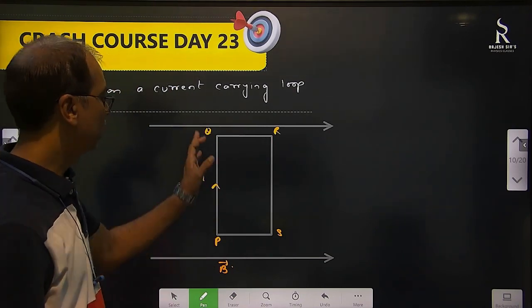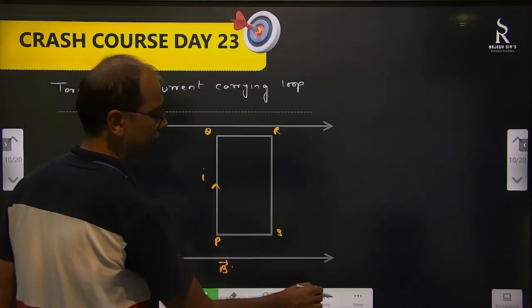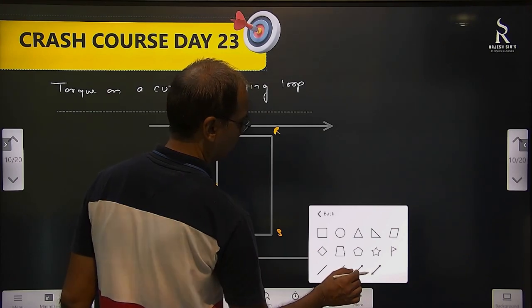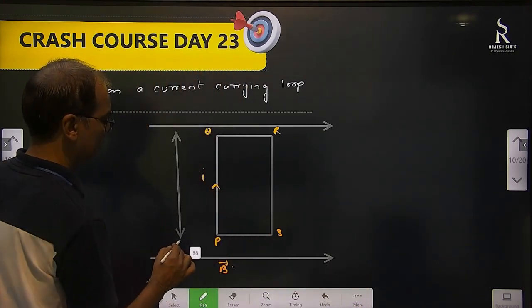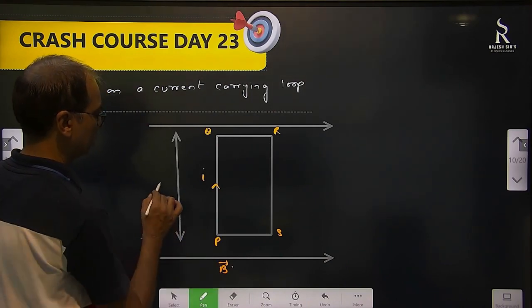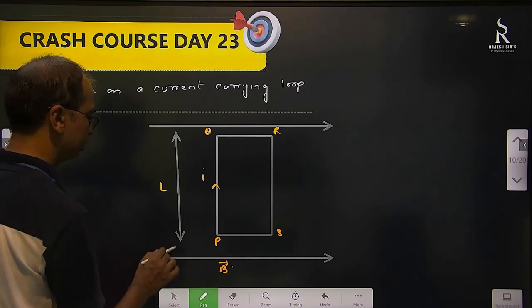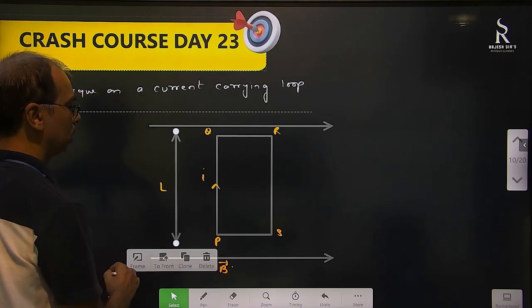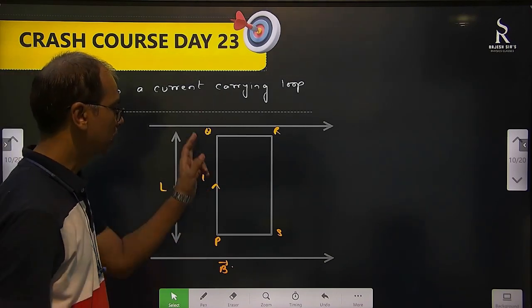So when the current is like this in a magnetic field which is this way, and the length of this loop, suppose this is L. The length we are taking is L. Now you can see where the force is acting on this wire.